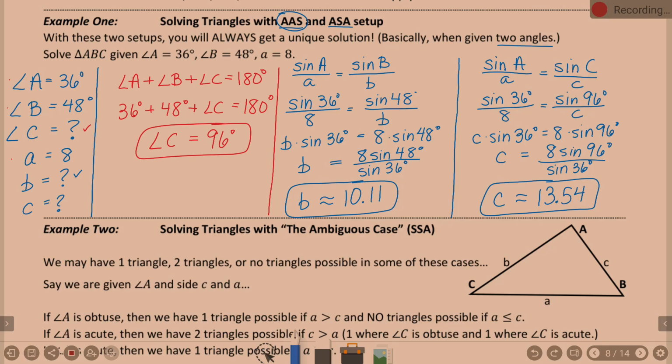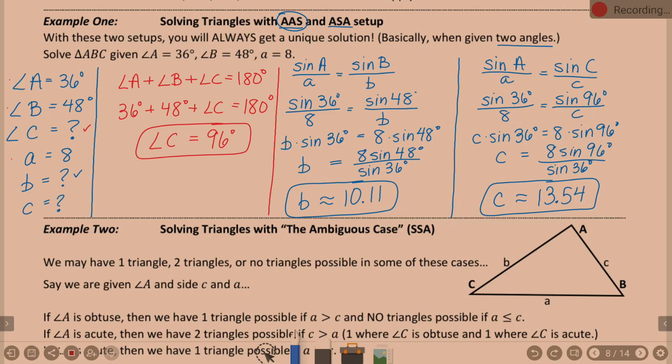I don't remember the homework for sure, but most of the time in a law of sines or law of cosines problem, they don't let you take the easy way out and say find side C. They say solve the triangle. And solve the triangle is fancy speak for saying find all the missing pieces. So plan on finding all the missing pieces.